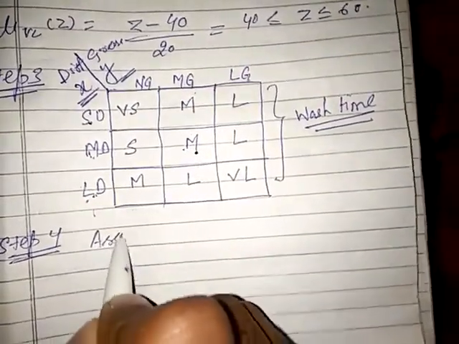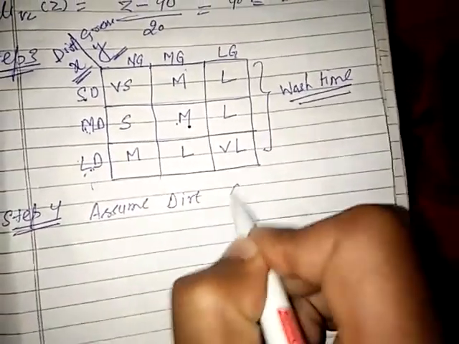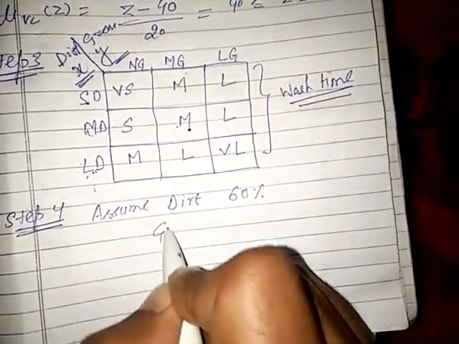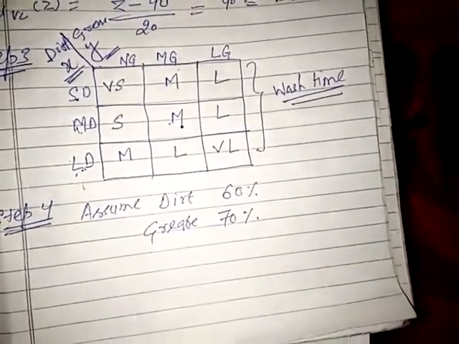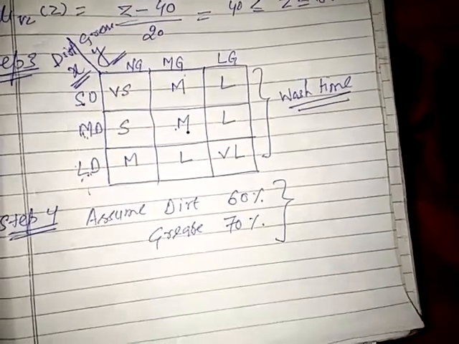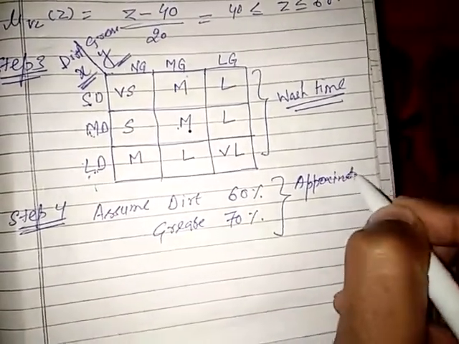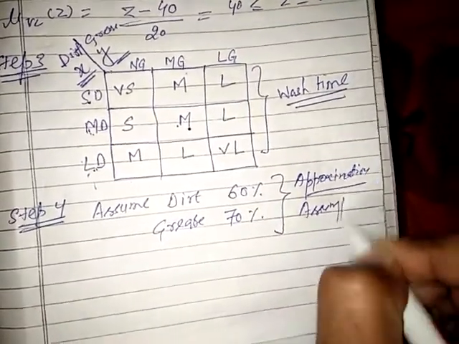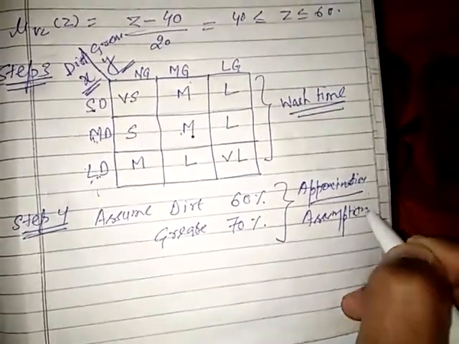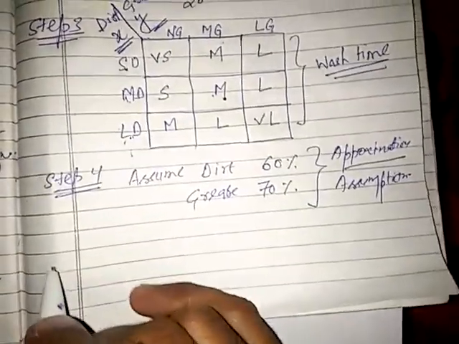First you have to assume the dirt is 60% and assume the grease is 70%. That is the approximation and assumption.